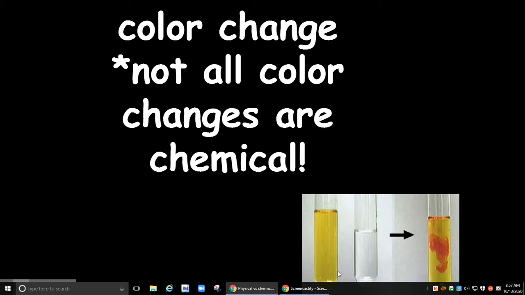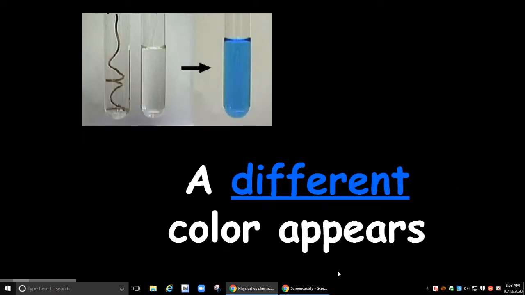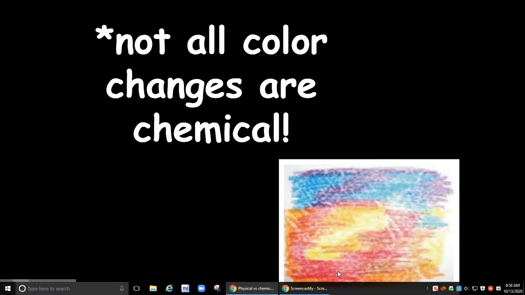So when you see a color change, it doesn't necessarily mean by itself that a chemical reaction occurred, but it is a piece of evidence. If you see a color change and you see bubbles, now that's more than one piece of evidence. And that's the same thing that police detectives look for, more than one piece of evidence to show that somebody committed a crime. So again, color change can be used as evidence, but by itself is not enough to say that a chemical change occurred. Not all color changes are chemical.